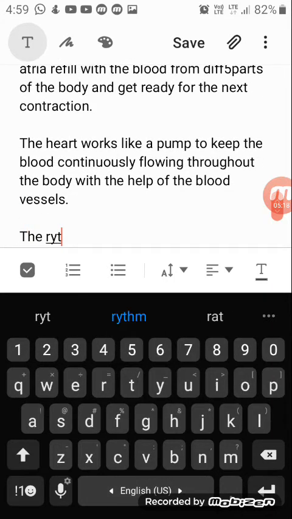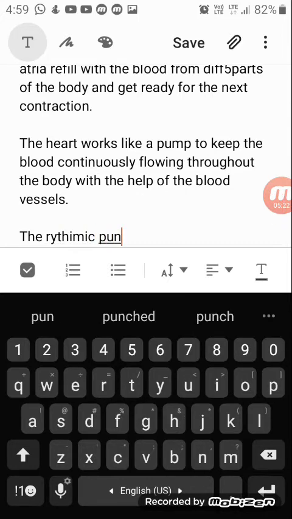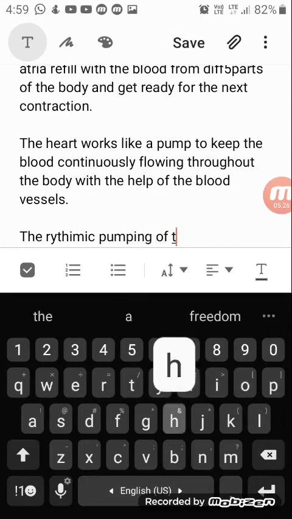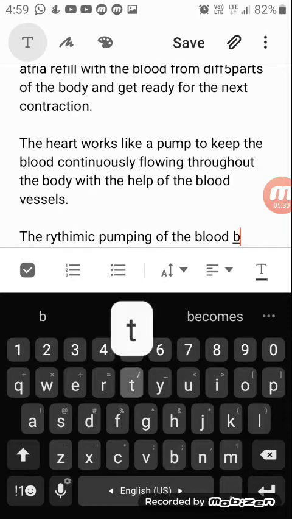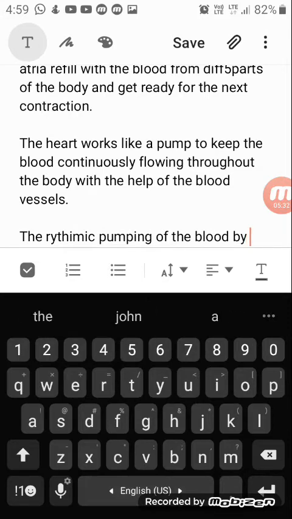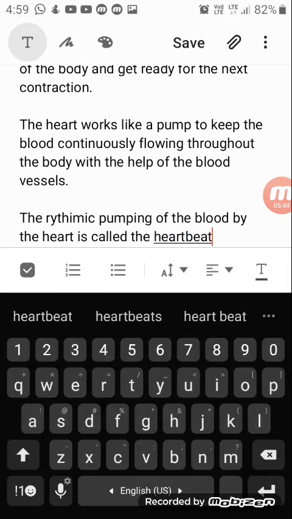The rhythmic pumping of the blood by the heart is called the heartbeat.